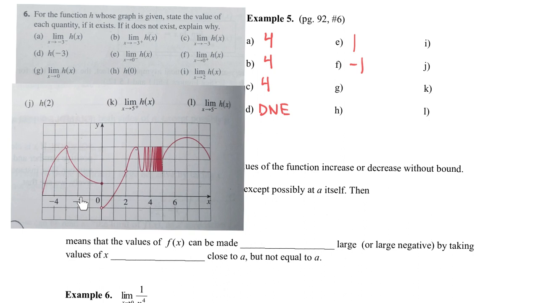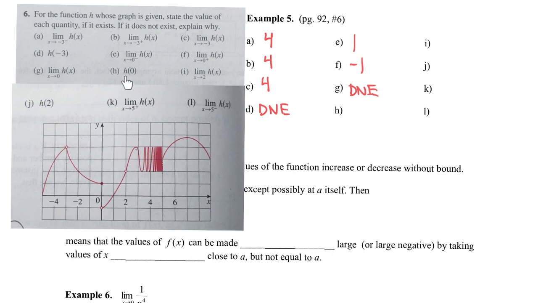If you approach 0 from the left, the function is approaching 1. As x approaches 0 from the right, the function is approaching -1. Since those two are different, the limit as x approaches 0 does not exist, because the left-hand limit does not equal the right-hand limit.